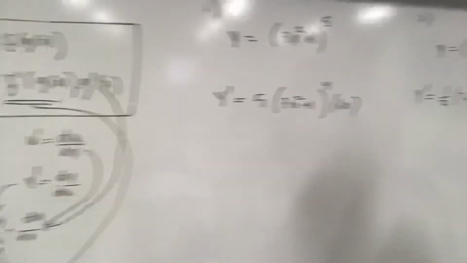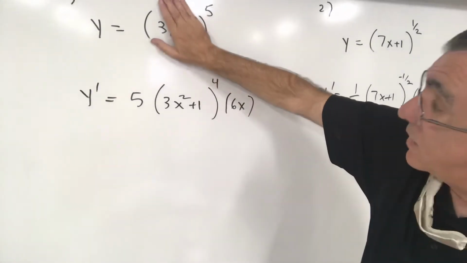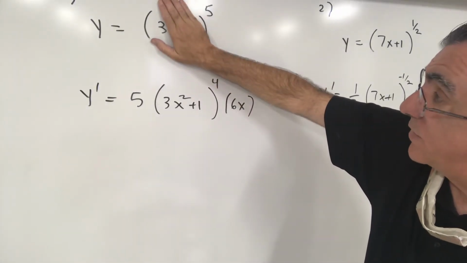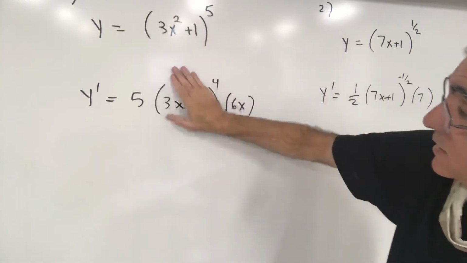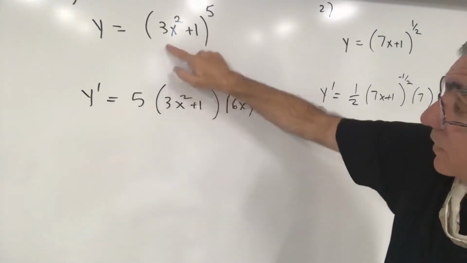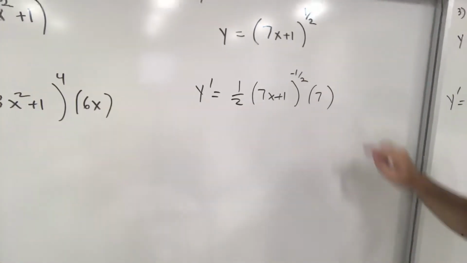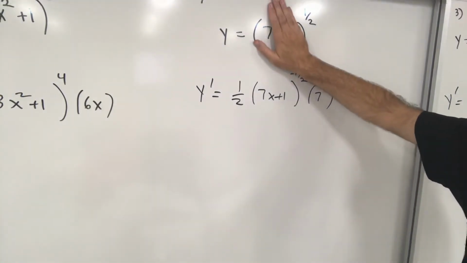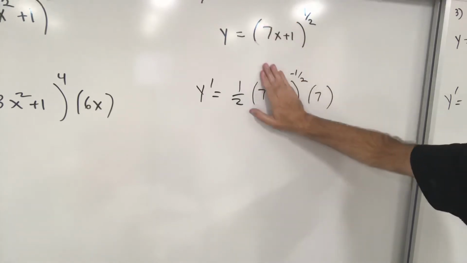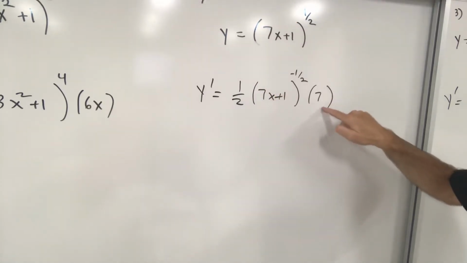So again, looking at them again, whatever's in the parenthesis you cover up, and you take the derivative as if that was x. So that's 5x to the 4th, but then you have to multiply by the derivative of what's inside. Again, you cover this up, and you say to yourself, what would the derivative be? 1/2 x to the -1/2, but it's not x, so you have to multiply by the derivative of what's inside.